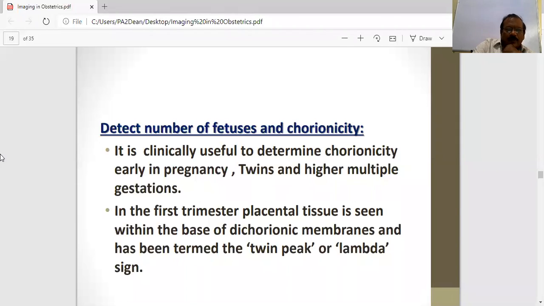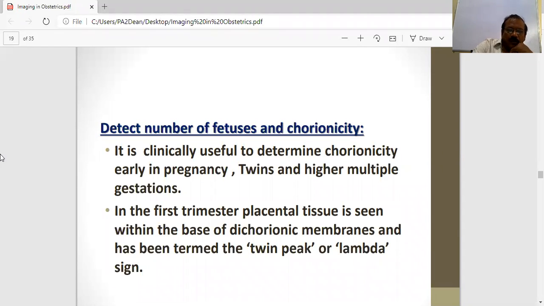Detecting the number of fetuses and chorionicity is helpful by ultrasound. It is clinically useful to determine chorionicity early in pregnancy in twins and higher multiple gestations, like twins, triplets, quadruplets, pentuplets, and sextuplets.